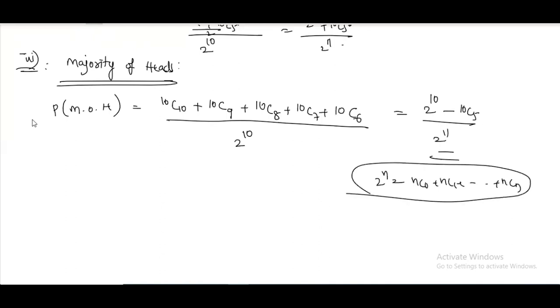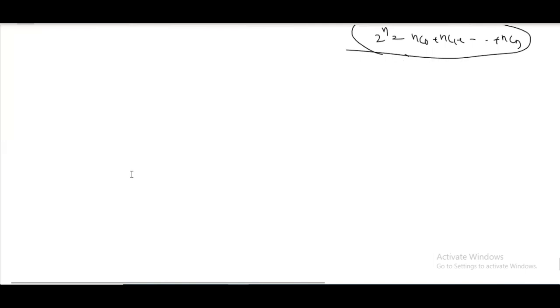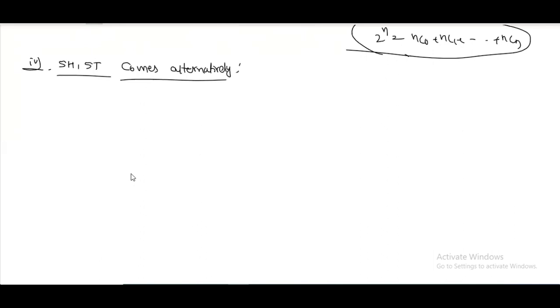So next, what is the fourth question we have here? When 10 fair coins are tossed, 5 heads and 5 tails come alternatively. How can we take this?